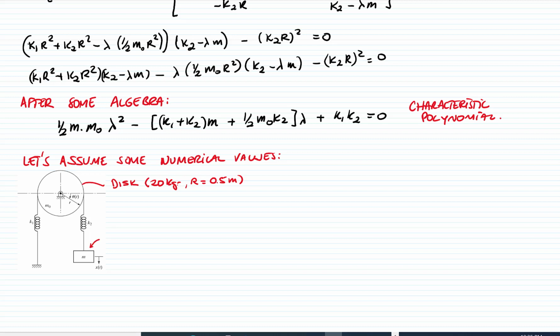I will assume that the block has a mass of 10 kilograms. And then I will assume that both springs are equal, and I have a spring constant equals to 1,000 newtons over meters.